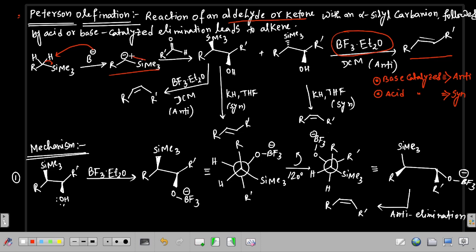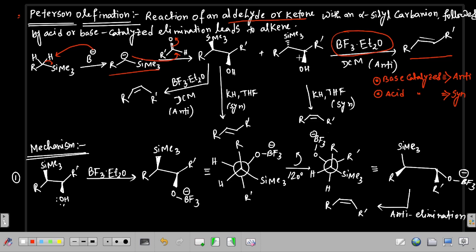This alpha silyl carbanion will attack the carbonyl carbon and form a C-C bond. There will be two diastereomers formed: in one case the hydroxyl, formed by attack on the carbonyl carbon, and the TMS group are on the same side, and in the other case both are on opposite sides.